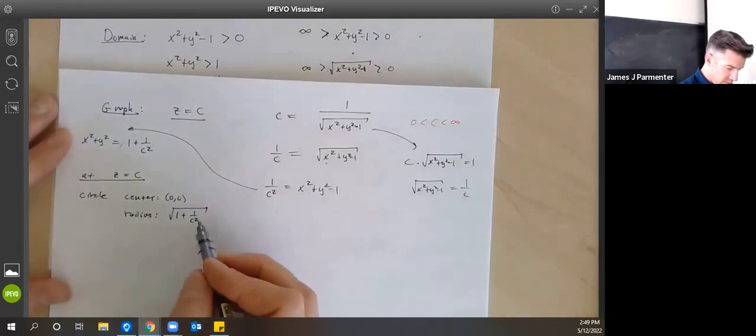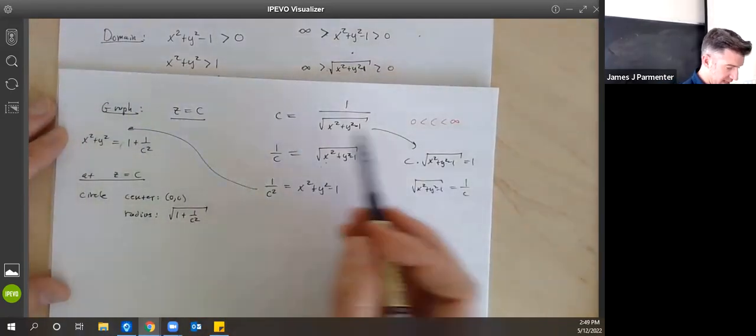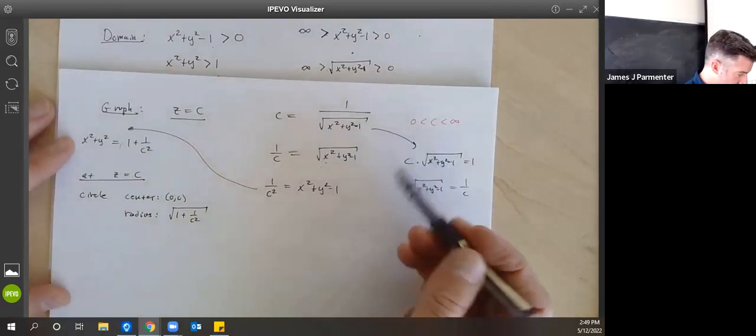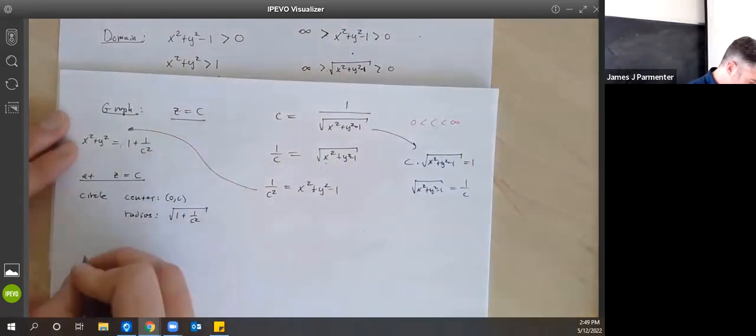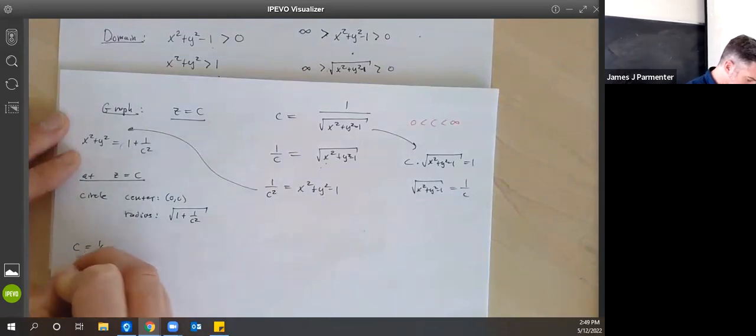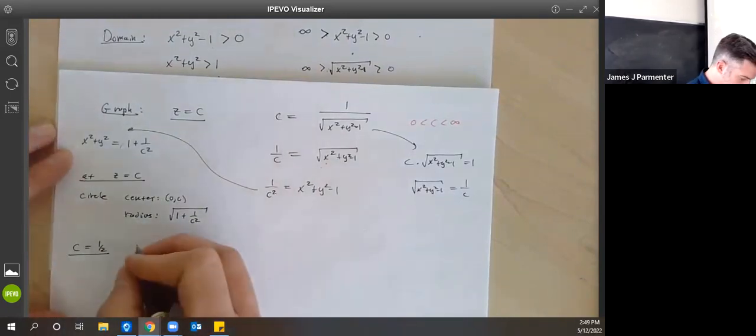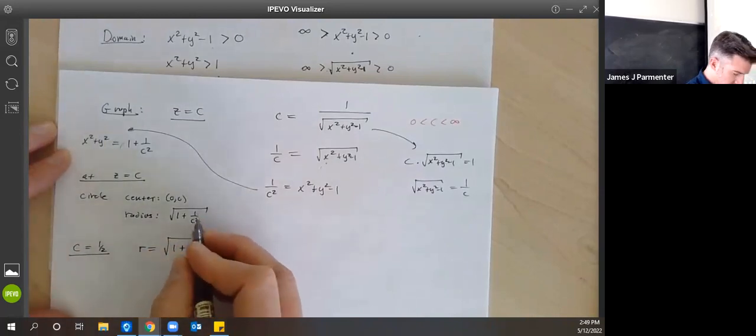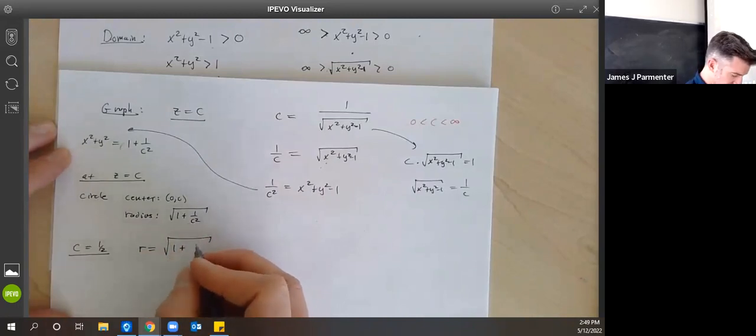So I know that I can't pick c equal to 0 because that's not in the domain. But if I pick, say, c equal to, I'm going to start low, let's say c equal to 1/2, my circle has a radius of the square root of 1 plus 1 over 1/2 squared.